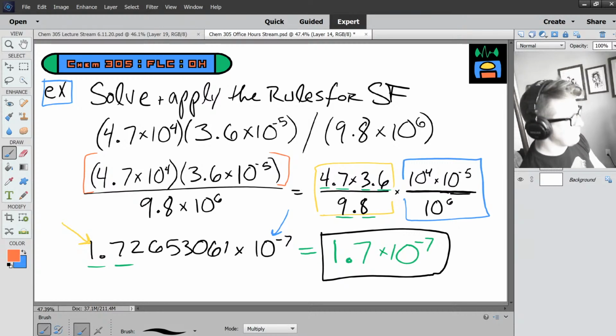Actually, in this case, it won't matter, but if you had addition, subtraction, you'd have to keep track of that. All right, hopefully that clears things up. Brianna, let me know if it doesn't make sense.